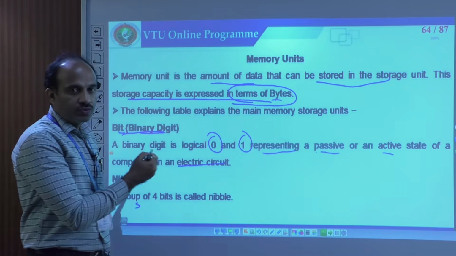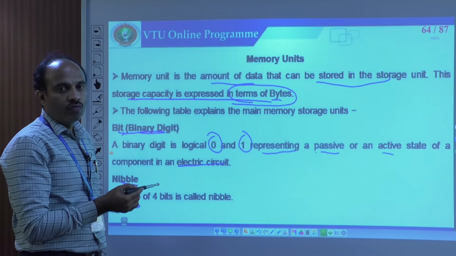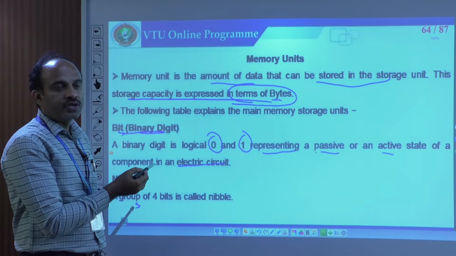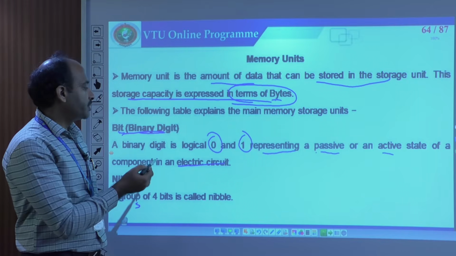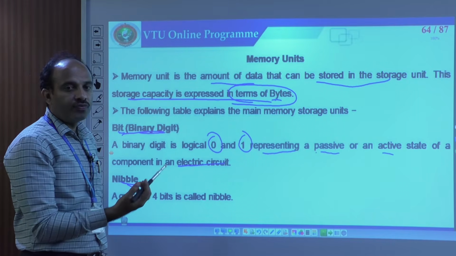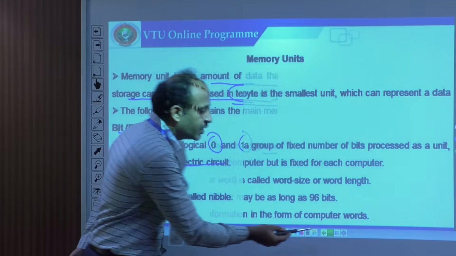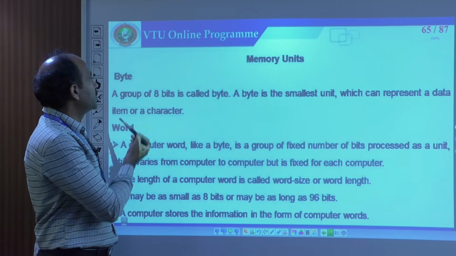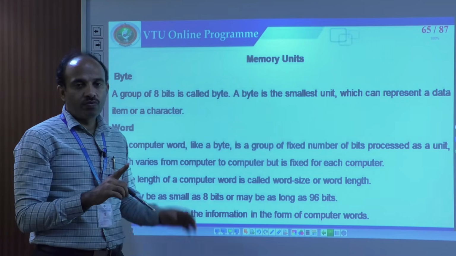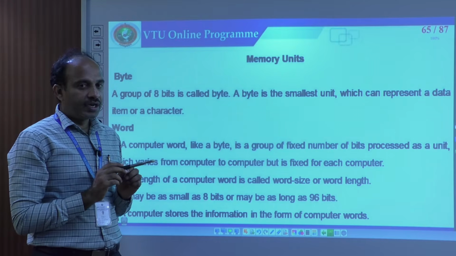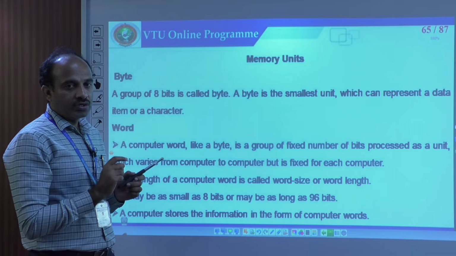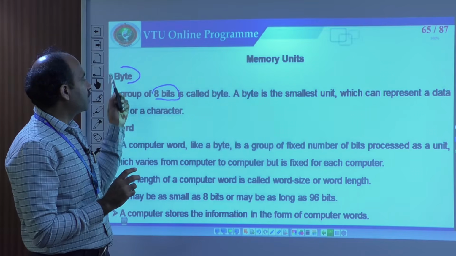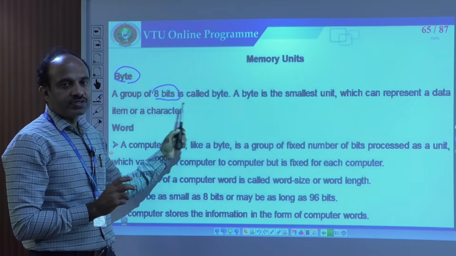Now we understand what a bit is: a binary digit, 0 and 1, representing the passive and active state of the electric circuit, and a group of 4 bits is a nibble. Now a byte: storage is measured in terms of bytes, a group of 8 bits. Eight such bits form 1 byte.